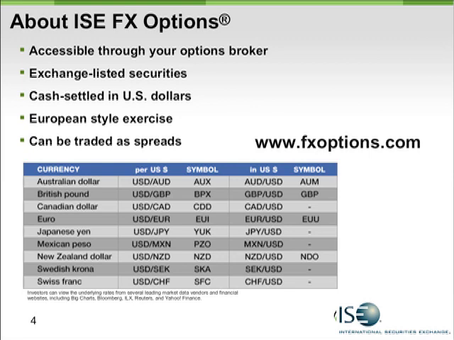Of course, you can exit beforehand, and that's what I tend to do before we even get to an expiration date. And of course, you see these traded as spreads. So everything's quoted per U.S. dollar. So you've got the Aussie dollar, the British pound, Canadian dollar, euro. The yen is one of my favorites. The YUK is my favorite symbol, I think, of all time.